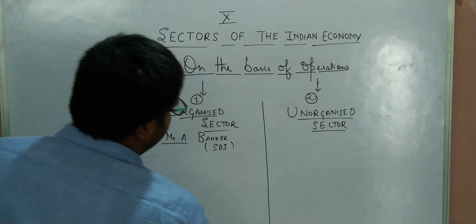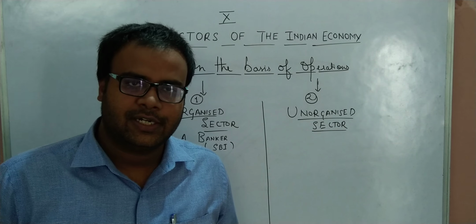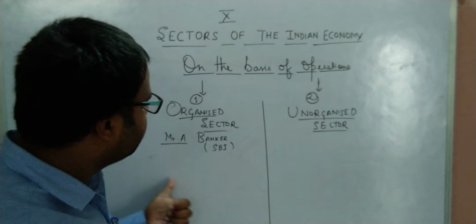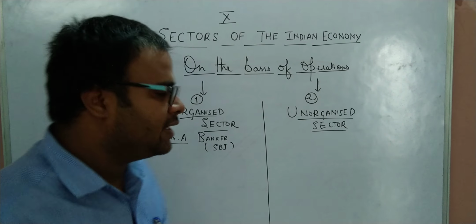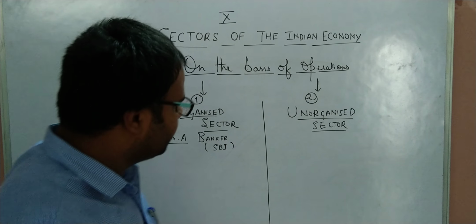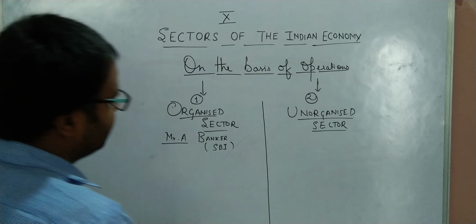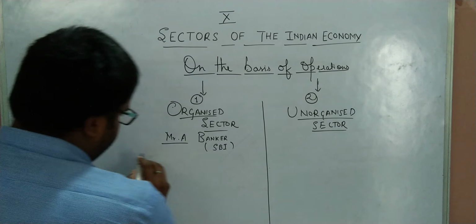Now, talking about Mr. A, he is getting all the facilities which should be given to a person in a good form of employment. He is getting paid leaves, sick leaves, different types of facilities are available and everything is properly managed.